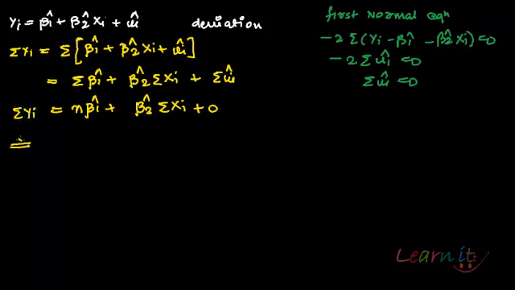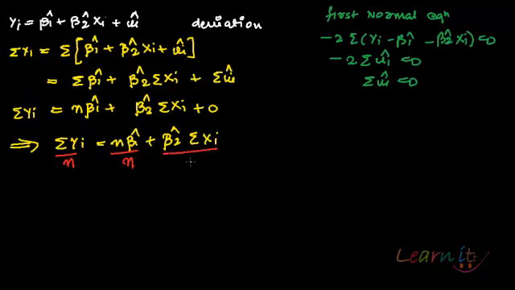So you can write summation yi equals n beta 1 hat plus beta 2 hat summation xi. Clear? Well, in case you divide throughout by n, what is it that you get?